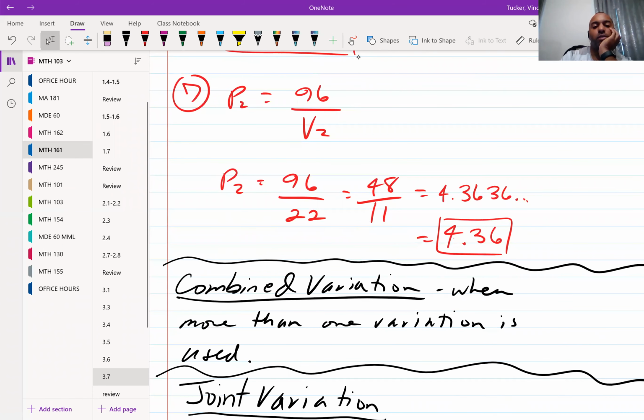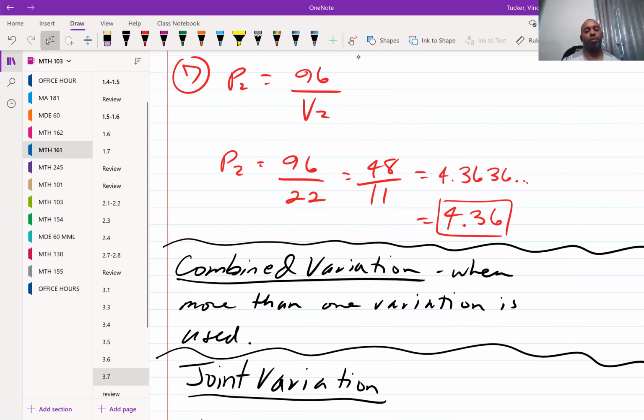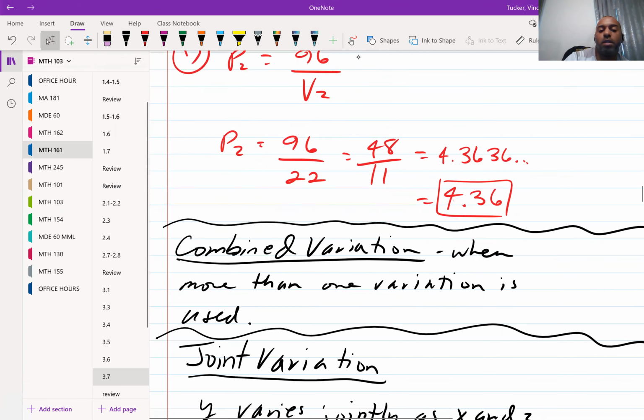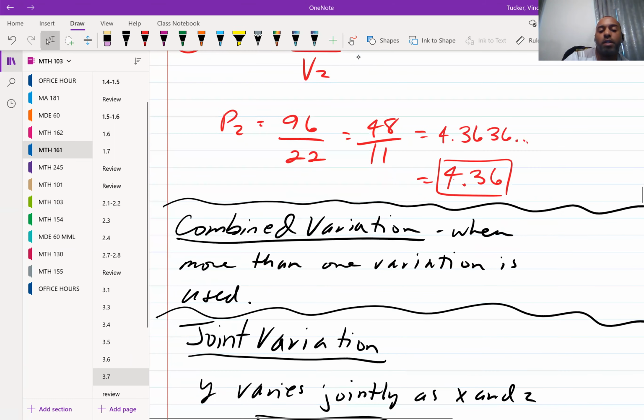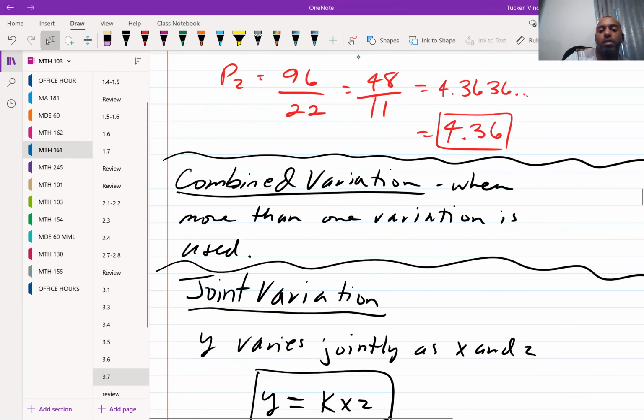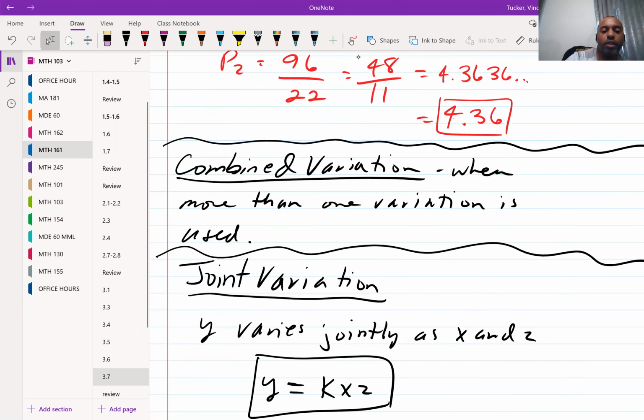All right, so combined variation is when more than one variation is used. I'm just mentioning that because that's going to flow into the next problem. And if you see the word joint variation, that means you're going to set it up this way.